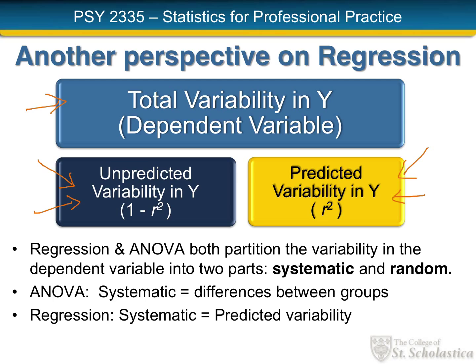So again, we have a systematic component and a random component. In analysis of variance, we were looking at the differences between groups. With regression, we're looking at the difference between a prediction based on a regression line and a prediction based only on the mean of the outcome variable.